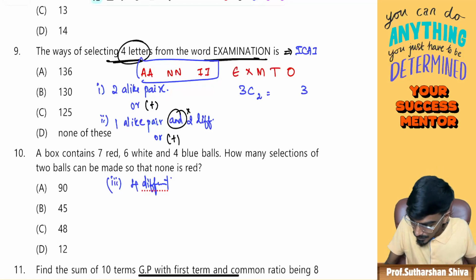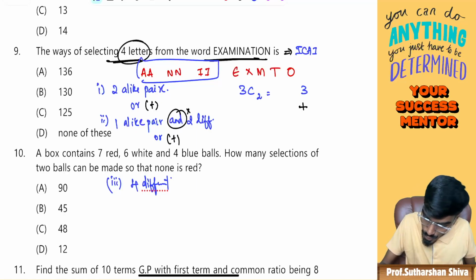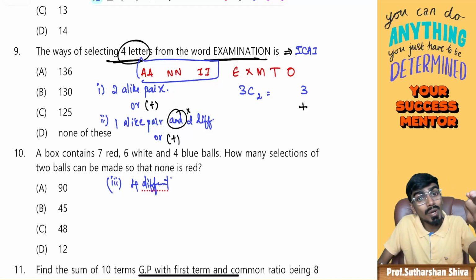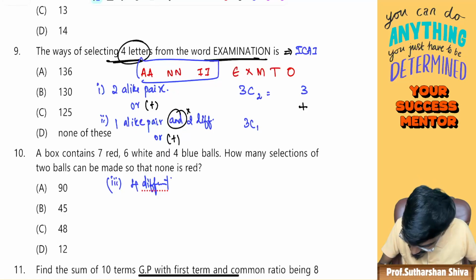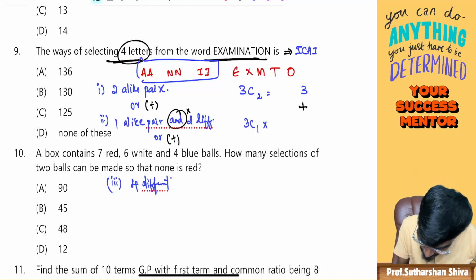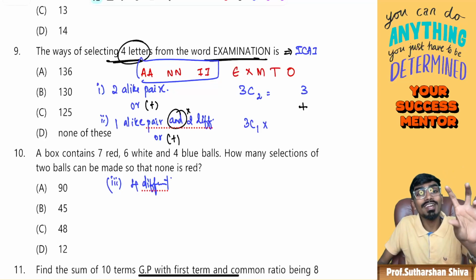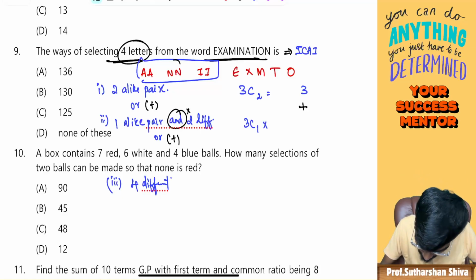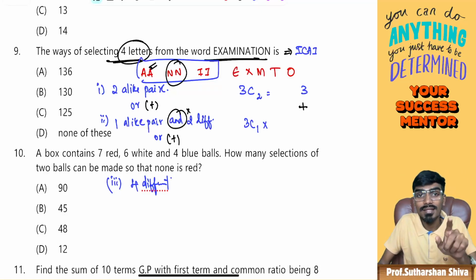Plus. Now you guys tell me one alike pair. One alike pair means out of three alike pairs, I can select only one alike pair, so the two letters will be selected. So it is 3C1 into, and two different letters. What are the two different letters? Suppose out of three I selected AA or NN or II, any one, that two letters will come. Then suppose I selected AA, then NN I should treat as one different letter.